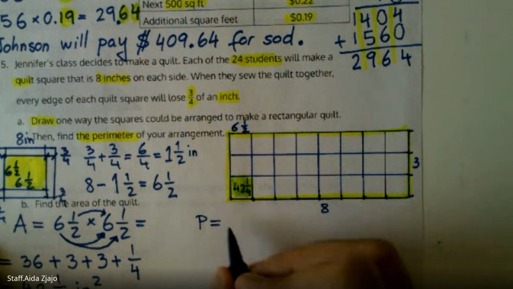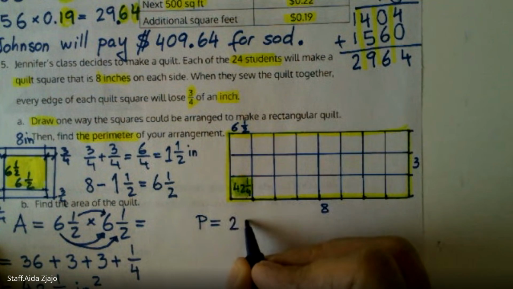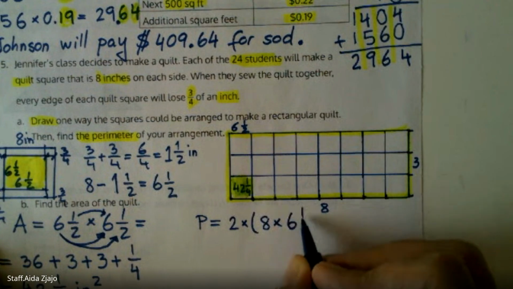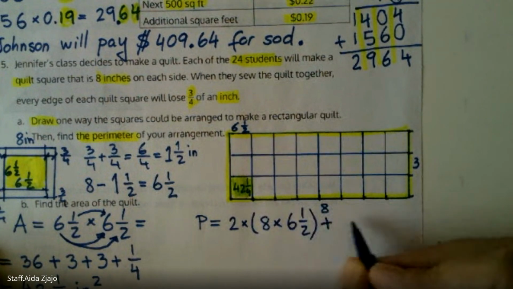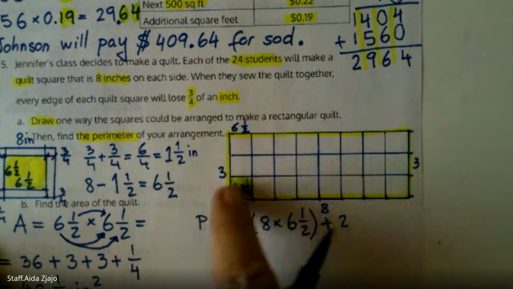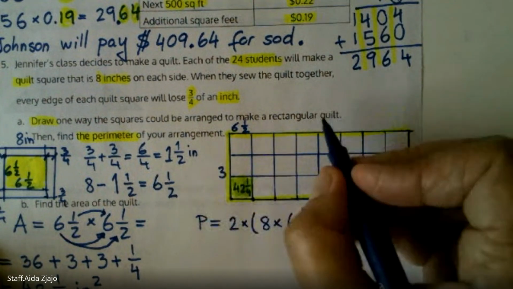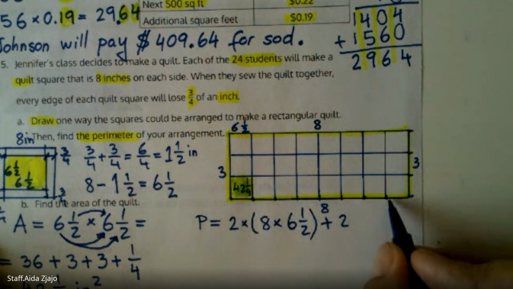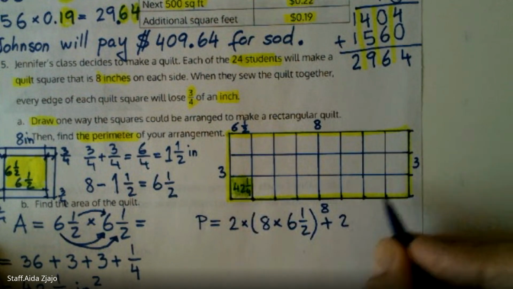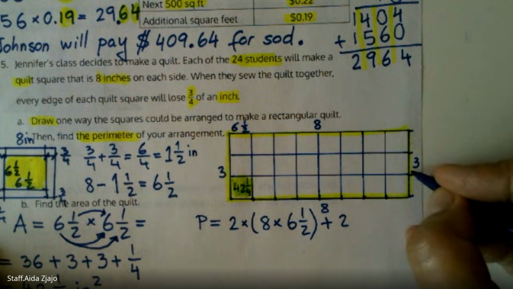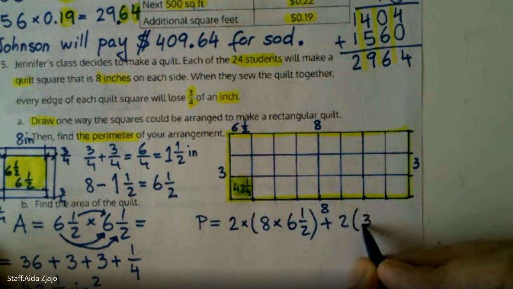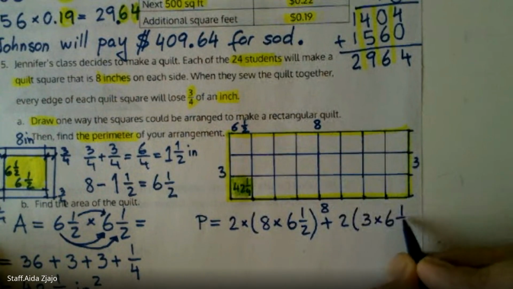So 8 times 6.5 plus 2 times, because you have a 3 and 3 and you have 8 and 8, but now these lengths are 6.5, so it's 6.5, 6.5, 6.5, 3 times, but then also 2 times 3 times 6.5.